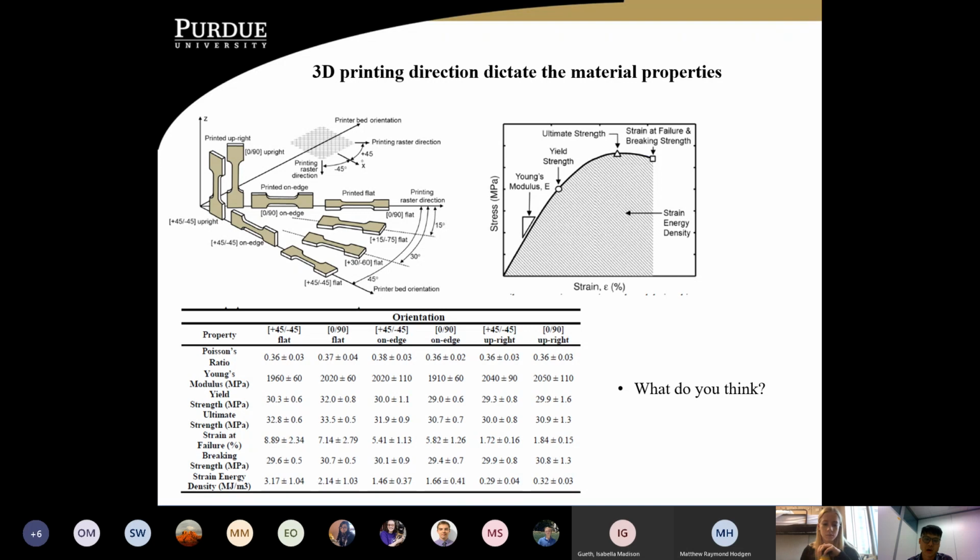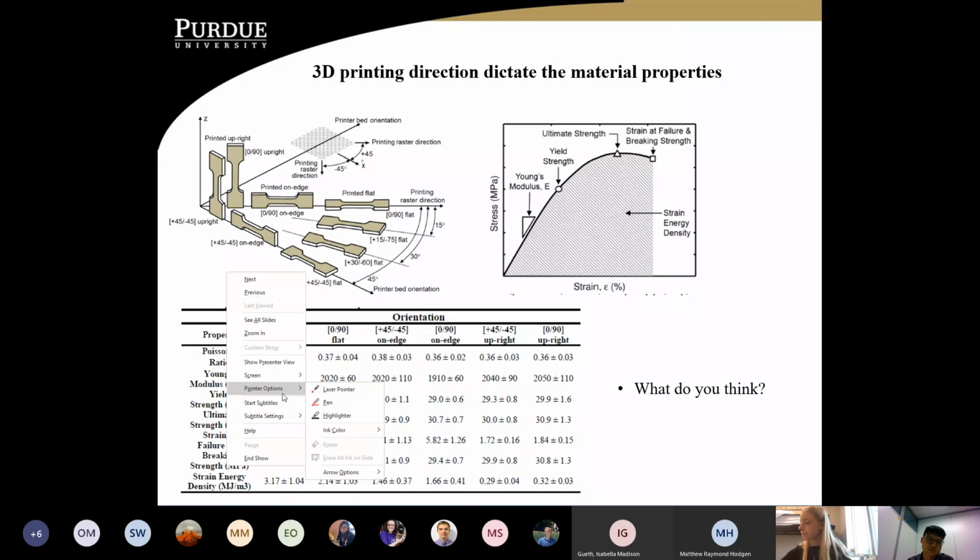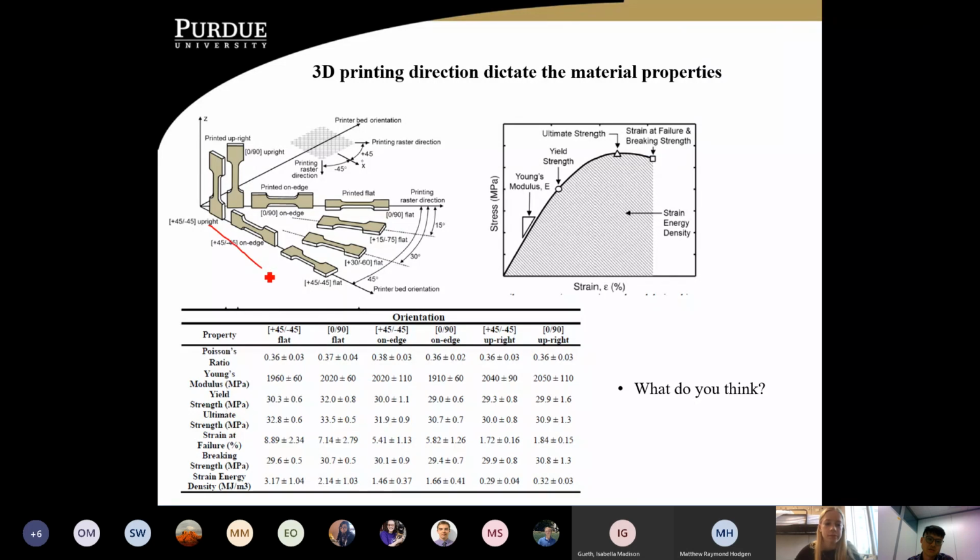If you look at the left-hand corner over here, these are dog bone coupons. Don't get distracted by the shapes. What I want to show is that you can think about how, let me get my pen over here, you can see the axis and how it is printed. Down here I have a table organized with plus 45, minus 45, 0/90, and so forth.